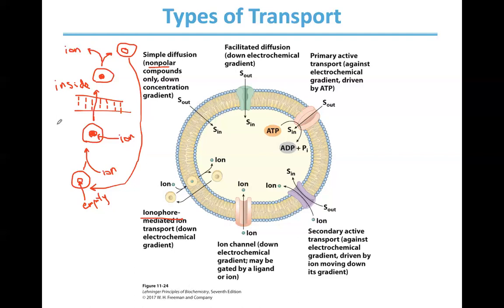And then they go for another hunt. So it's a very neat system. All right, so remember this word ionophore.